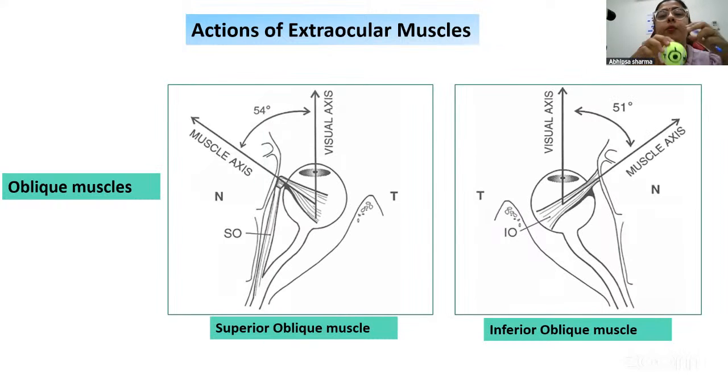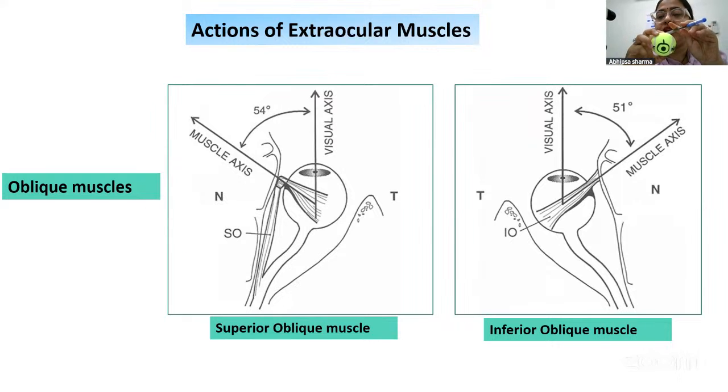Again, coming to oblique muscles. How are the superior oblique and the inferior oblique muscles? The functional origin is actually from the anterior medial side of the orbit, that is the trochlea for the superior oblique muscle, and it is inserted posterior to the equator. So what happens is it is going to move the posterior part of the eye whenever it is contracting.